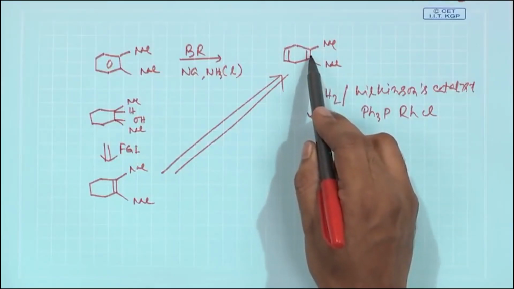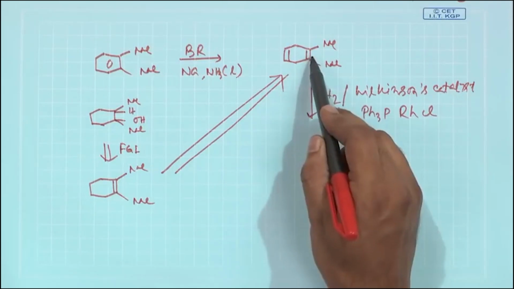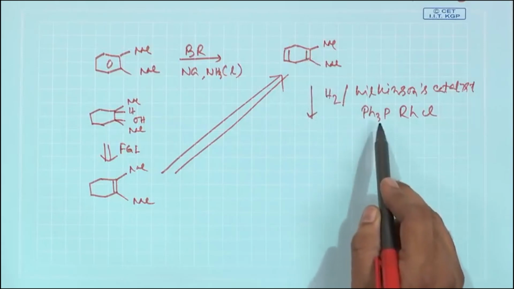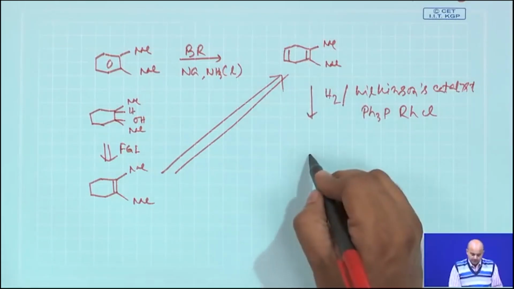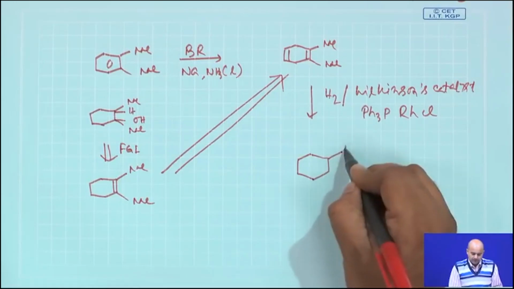This olefin is very much sterically congested, so the catalyst has to approach this particular olefinic site, and it is very difficult because the catalyst is also quite bulky. So, the sterically less congested olefin will be hydrogenated.